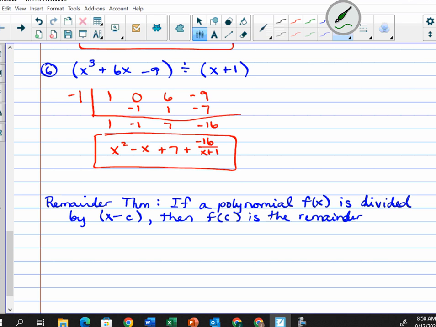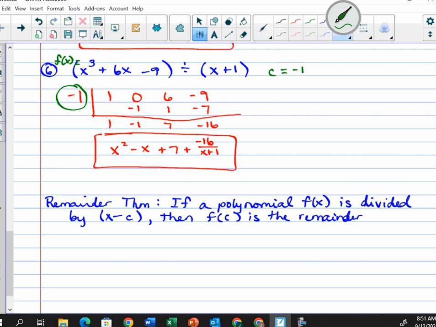But when you plug that in, would you get negative 16 or negative 16 over x plus 1? You just get a value of negative 16. I'll show you. On this last one, let's say f of x is x cubed plus 6x minus 9. What would c equal then? 1 or negative 1? Negative 1, because it's the same as what you would divide by.